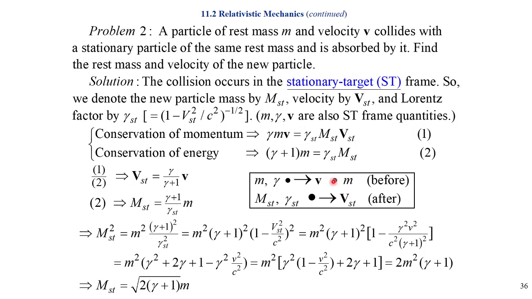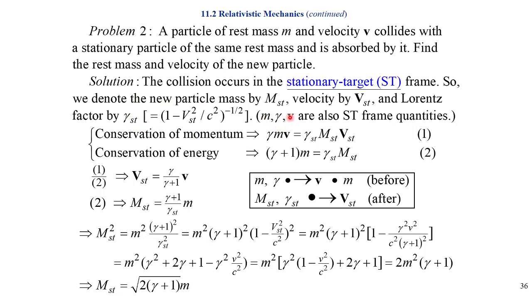This one is fixed, so we call it the stationary target frame. In the previous problem, it was the center of mass frame, CM. So we denote the new particle mass by M_st, velocity by v_st, and Lorentz factor by gamma. Okay, here, the same.